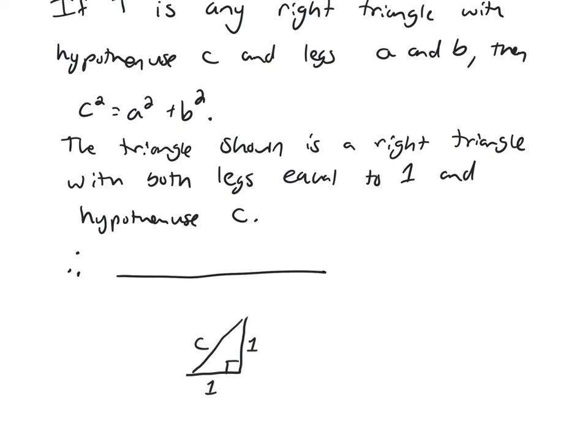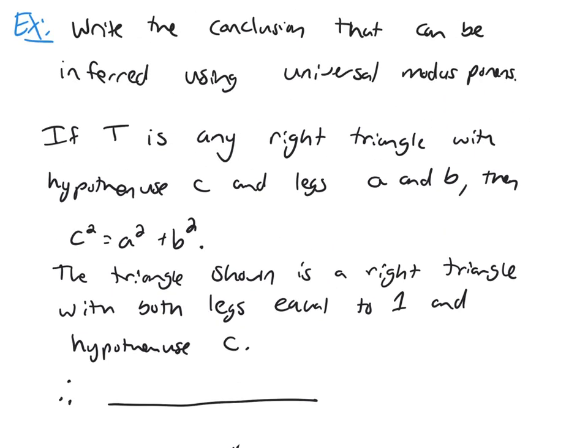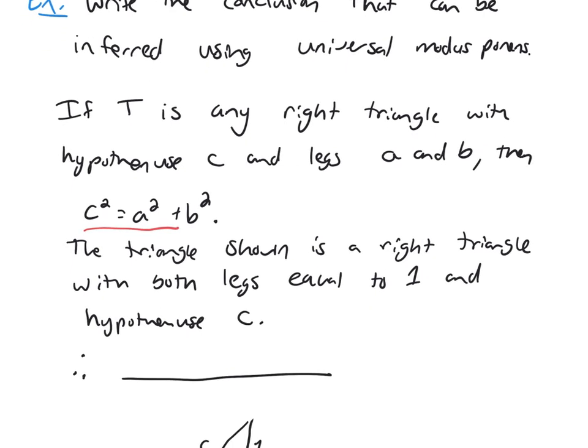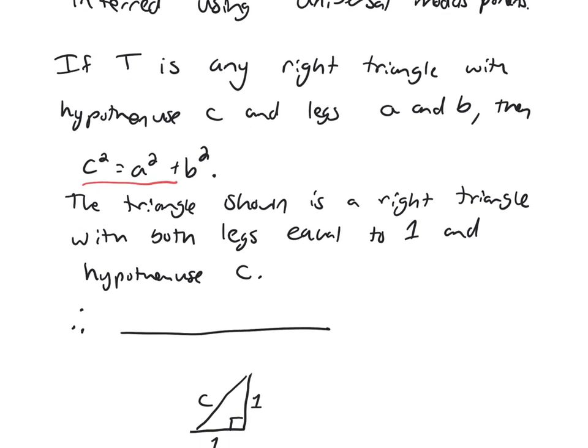So if we're using universal modus ponens, you identify your two predicates. Here's my x is a right triangle with hypotenuse c and legs a and b, then we have this conclusion in our first premise.